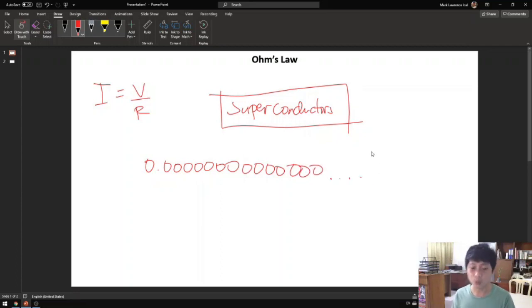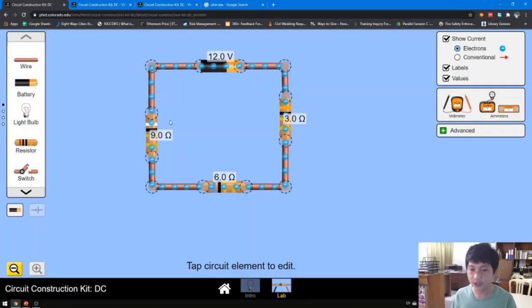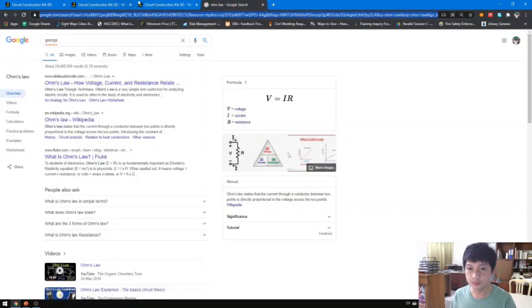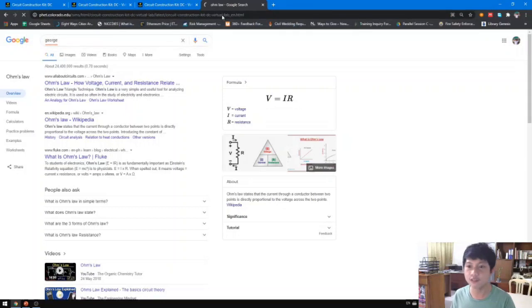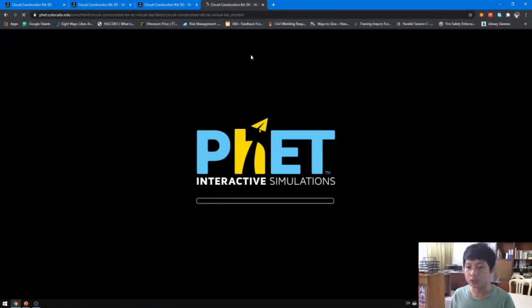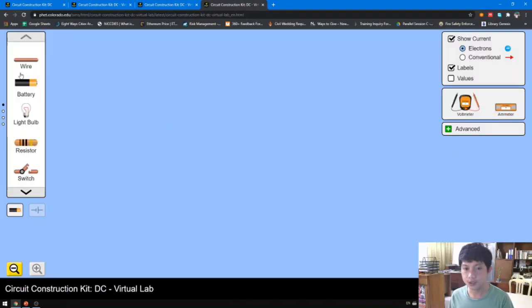So let's check using the simulation. What will happen if we have zero resistance? Alright, so let's put some battery here. Actually, it doesn't really matter if it's going this way or the other way.